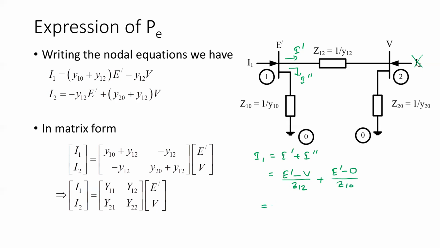Z10. Very good. So from here, as we see that there are admittances, I'll try to remove the impedance. How can I remove the impedance? Just 1 over Z12. So E dash minus V multiplied by Y12 plus E dash into Y10. Now I can simply take common. If I take E dash as common, what do I get?